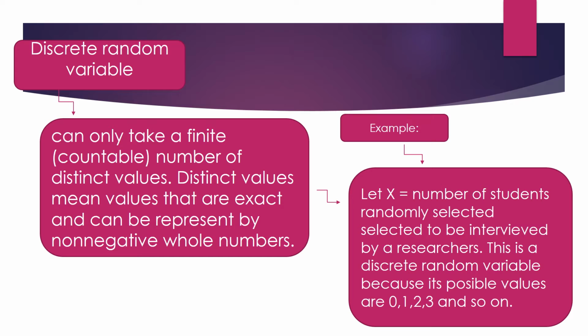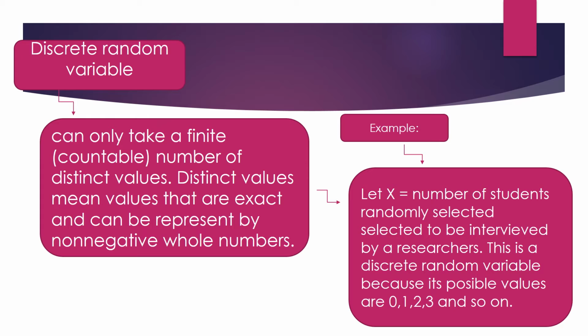And another example: let Y be the number of left-handed teachers randomly selected in a faculty room. That statement again is a discrete random variable because its possible values are 0, 1, 2, and 3, and so on.